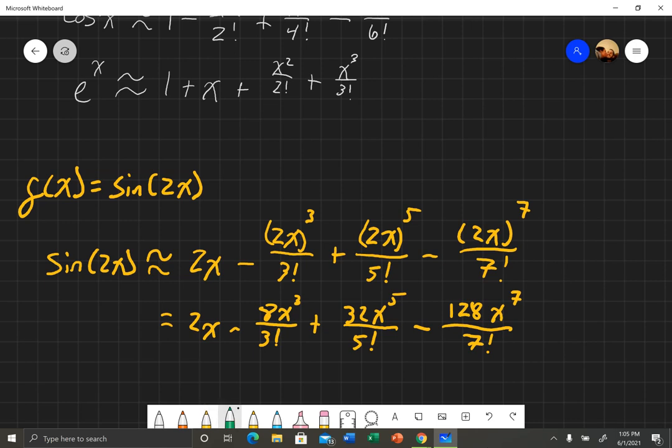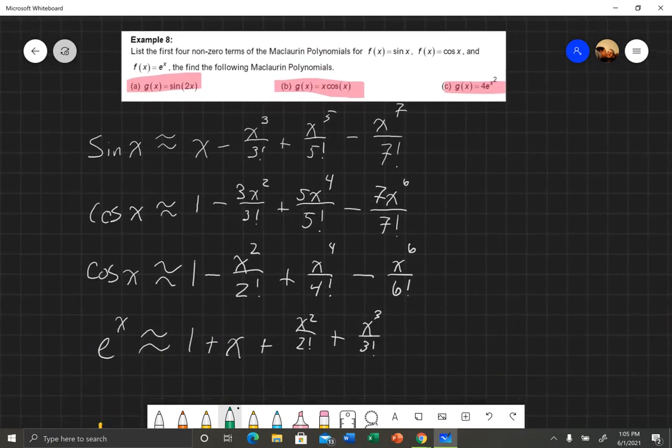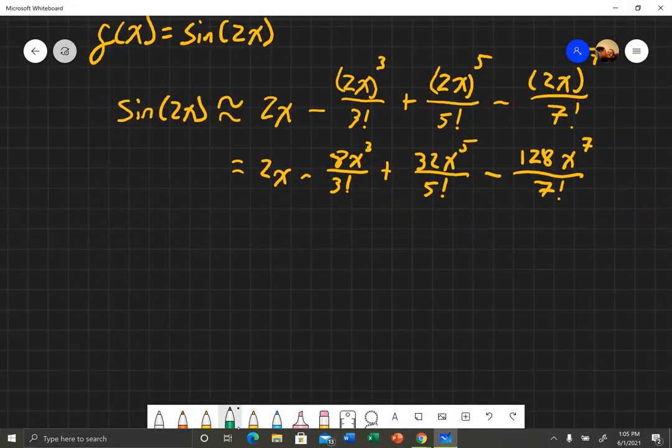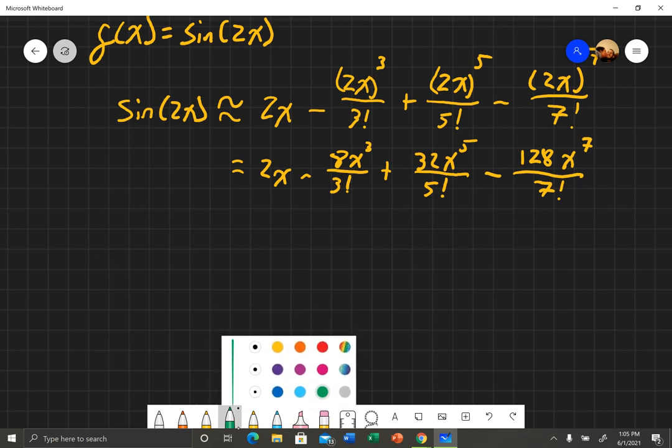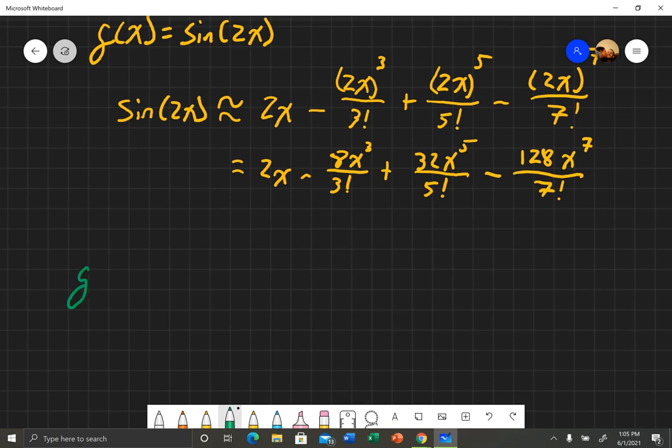Okay, so let's look at what was the next one. g of x equals x times the cosine of x. Let's make that a little bit better. x cosine of x.